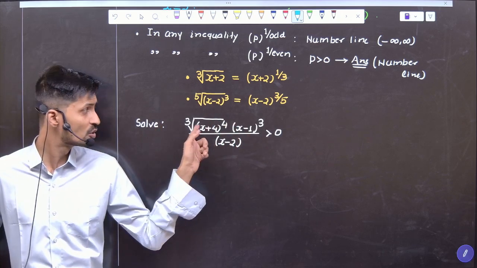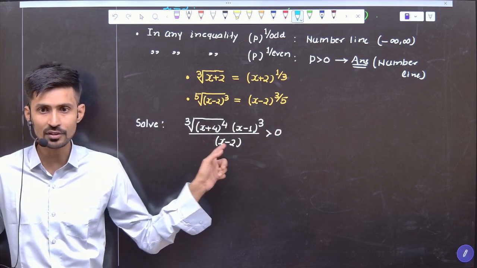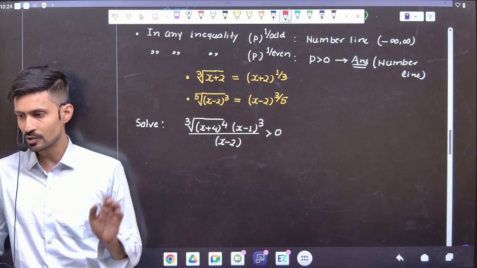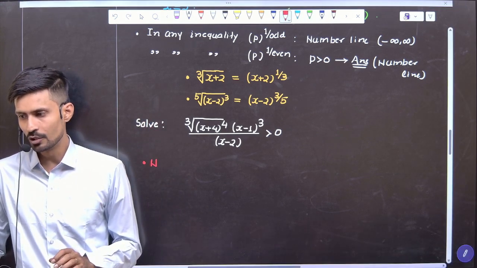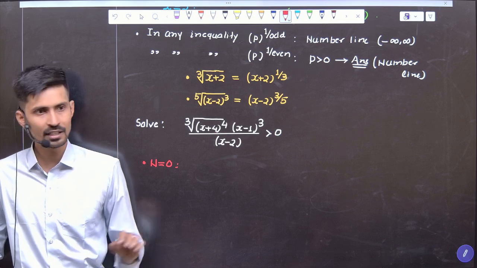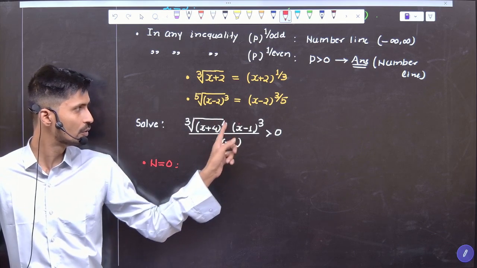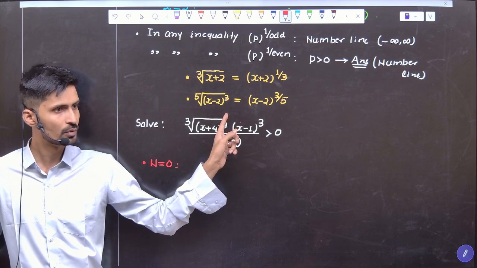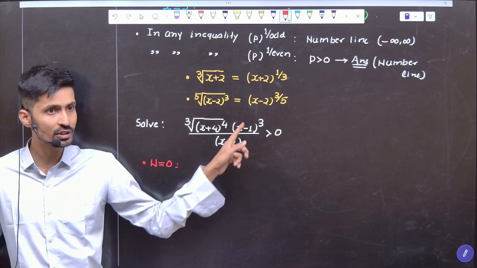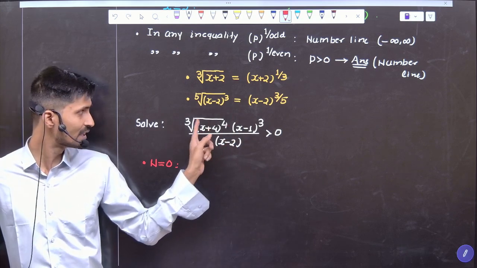Third step, solve numerator equals 0, solve denominator equals 0. In the numerator, can you see two things are getting multiplied? 1, 2. So I will write the roots of both directly here. This is equal to 0.